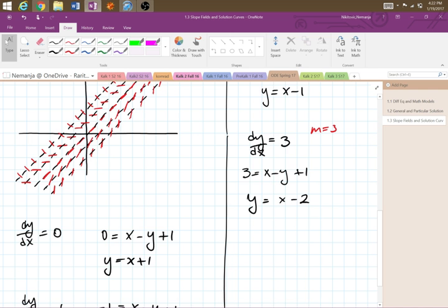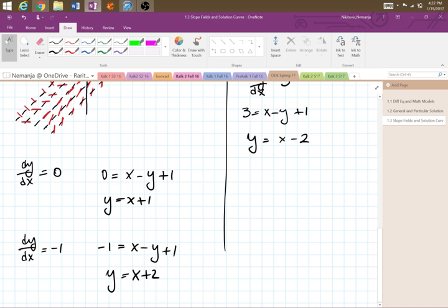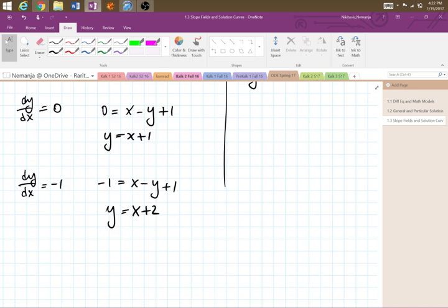And let's draw one more. -2. -2 is x minus y plus 1, so y equals x plus 3.